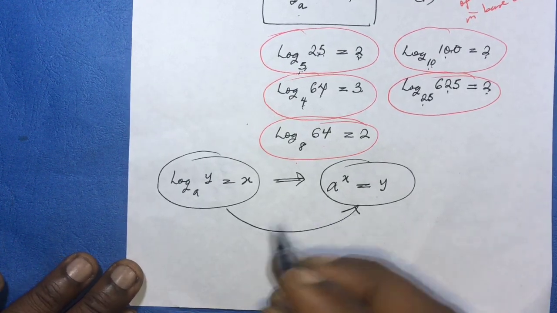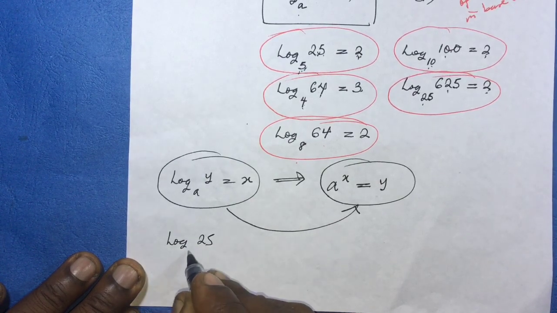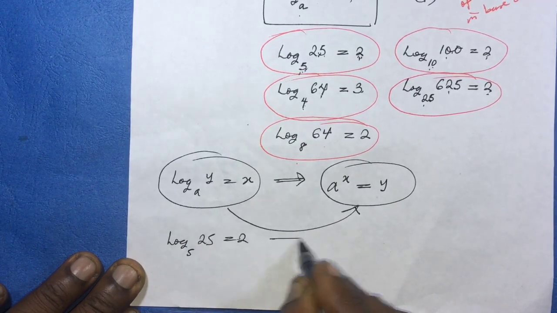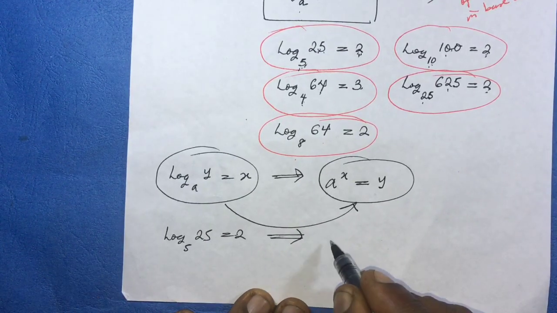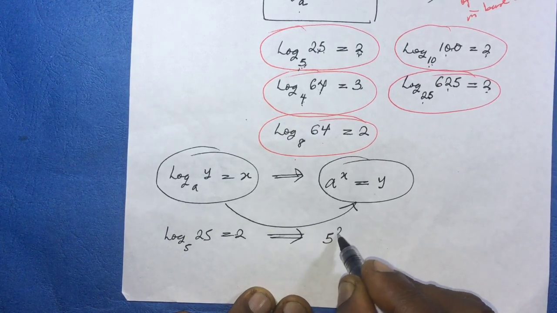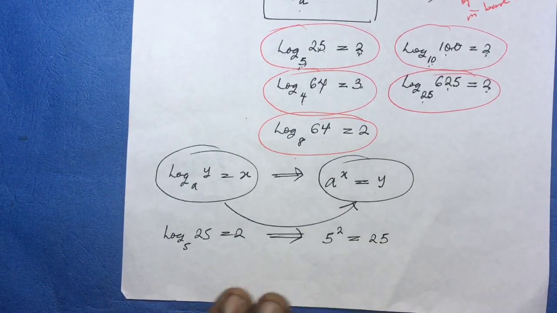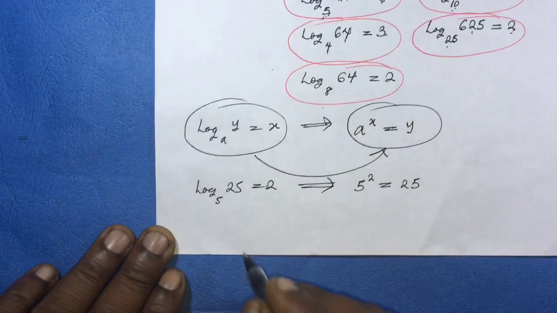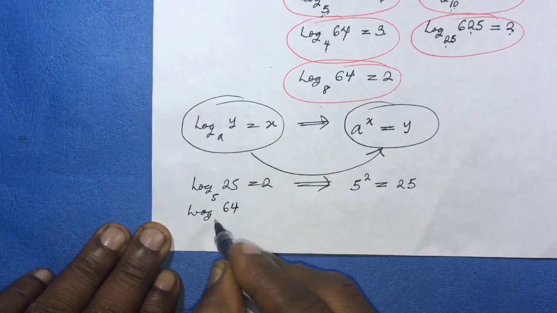So you can quickly see that the logarithmic form of 25 in base 5 equals 2 implies that there is a corresponding index form of the number y in base 5, and that will give you 5 raised to power 2 equals 25. Okay, so we can do that also for the logarithmic form of 64 in base 4.